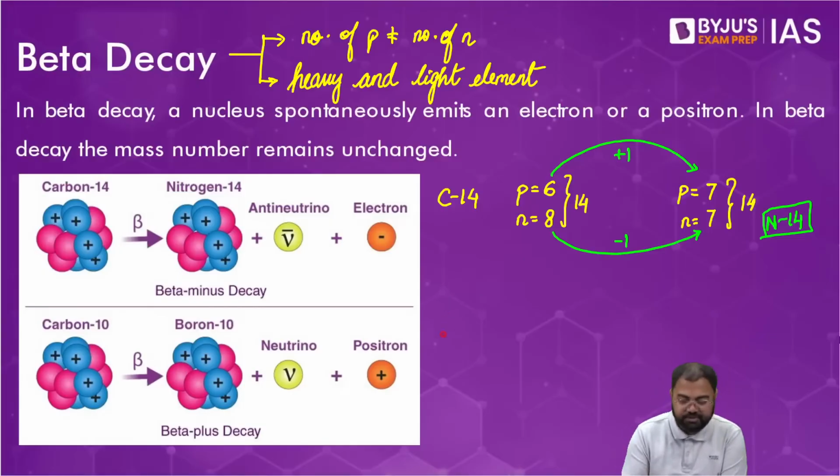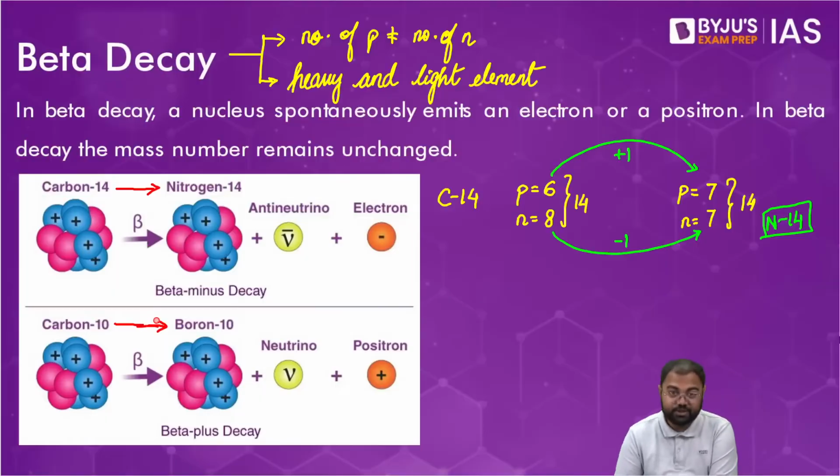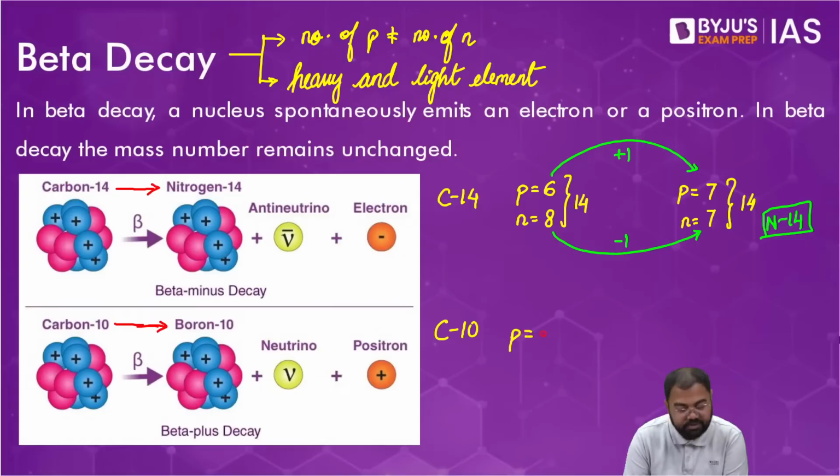So this is the case of carbon 14 changing to nitrogen 14, as you can see here in the picture. And there is another scenario where carbon 10 can change to boron 10, because in carbon 10, the number of protons will always remain the same, 6. The number of neutrons now is just 4. That's why 10. Correct?